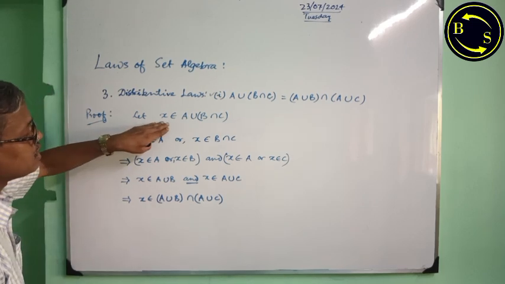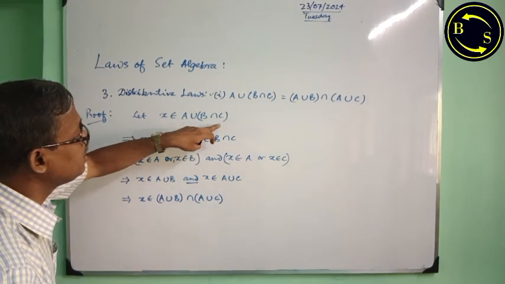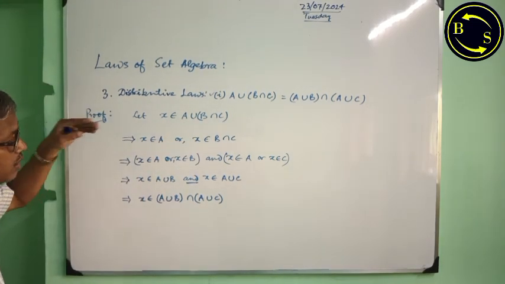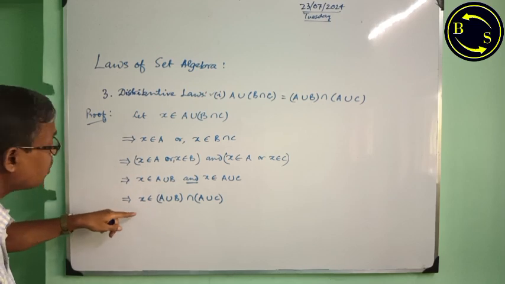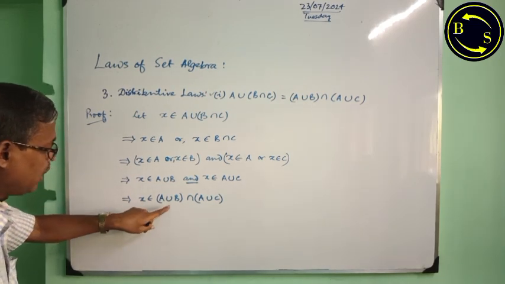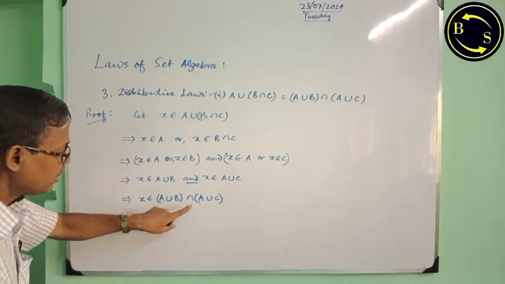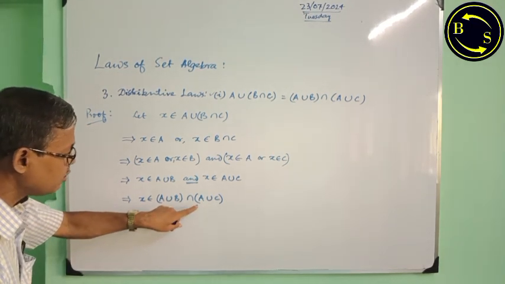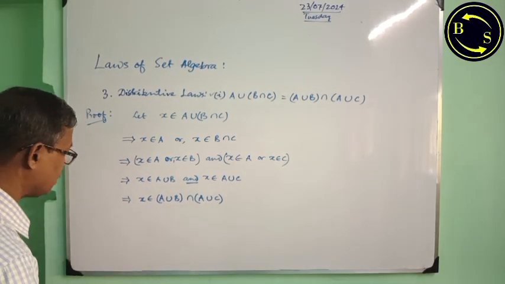We started X belongs to A union B intersection C, and through few steps we have come to the step X belongs to A union B and X belongs to A union C.